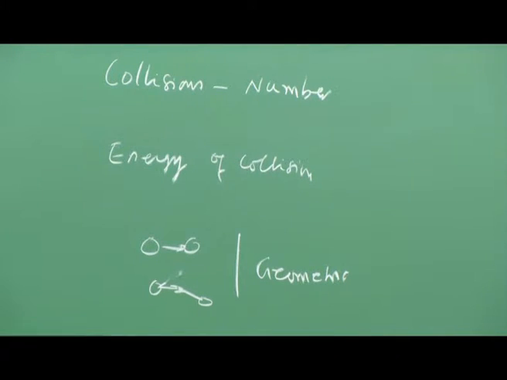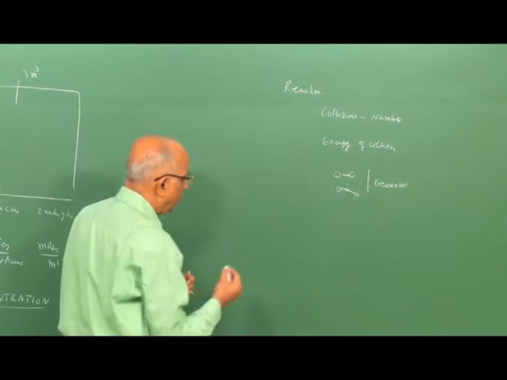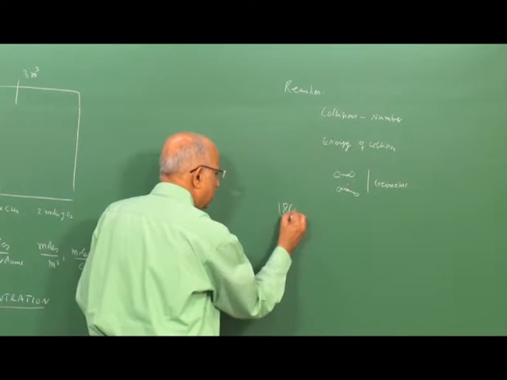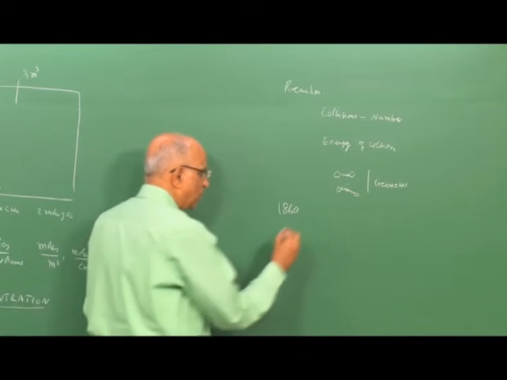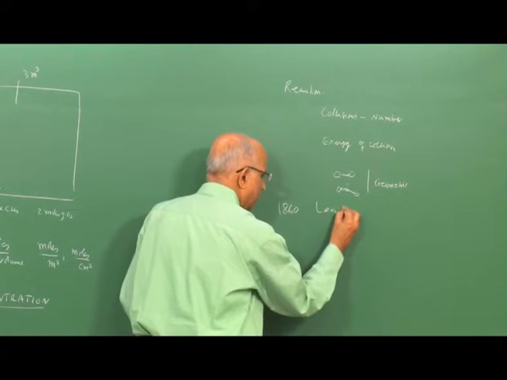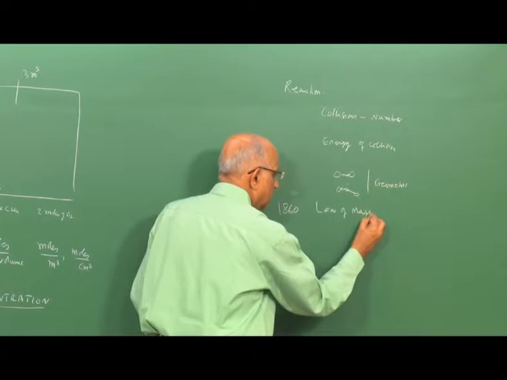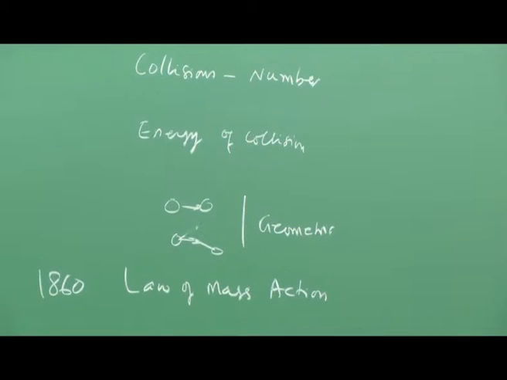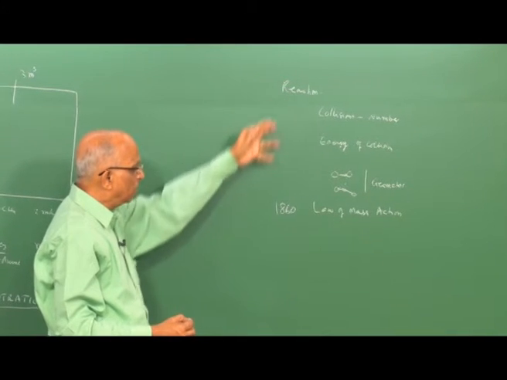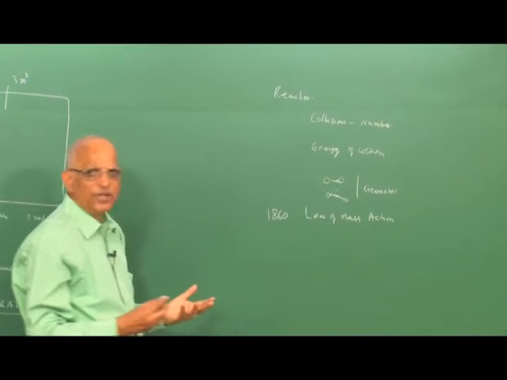was systematically found out by experiments, and as early as 1860 we had a law which was propounded by the chemist, which is known as the law of mass action. The law of mass action tells that the rate of a chemical reaction is proportional to the active concentration of the reactants.